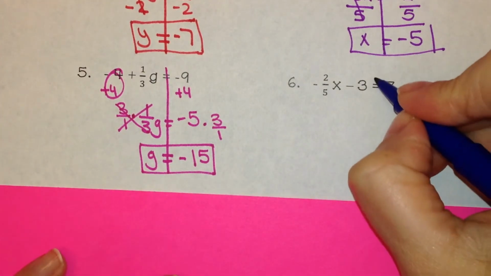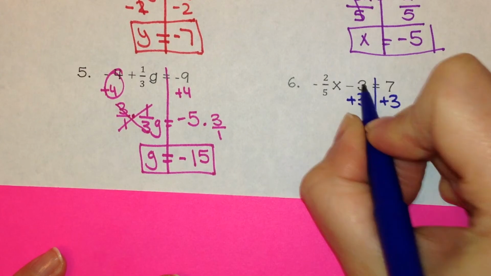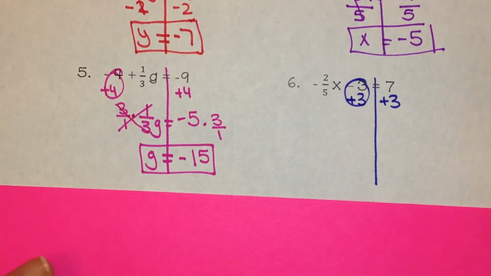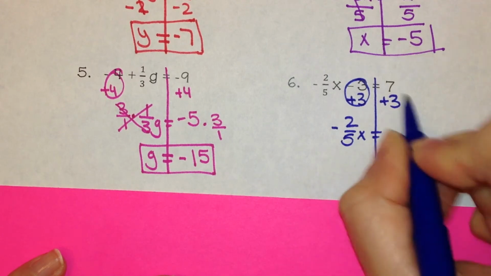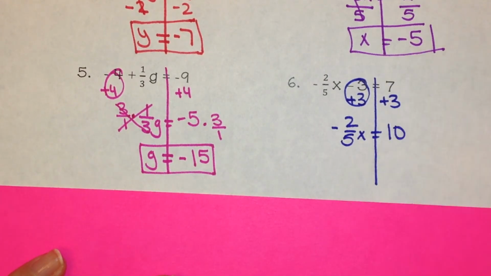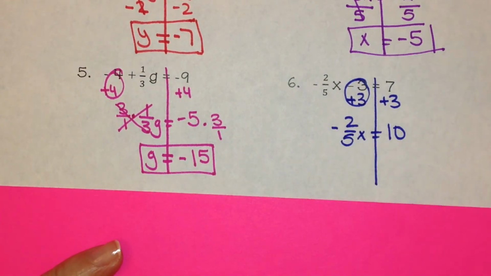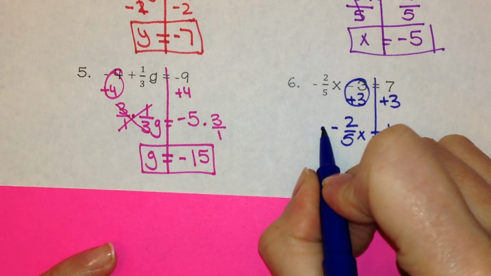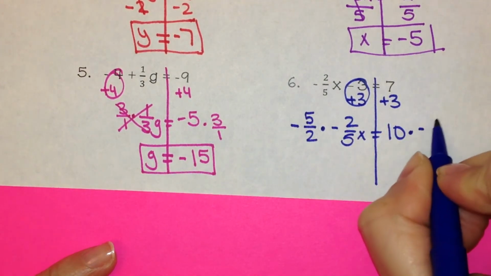Last one. Get rid of the minus 3 by adding 3. Negative 3 plus 3 is 0, so bring down the negative 2/5 x equals 7 plus 3 is 10. All right, I'm going to multiply by the reciprocal, but it's also negative. I have to get rid of that negative, so I'm going to multiply by -5/2 on both sides.